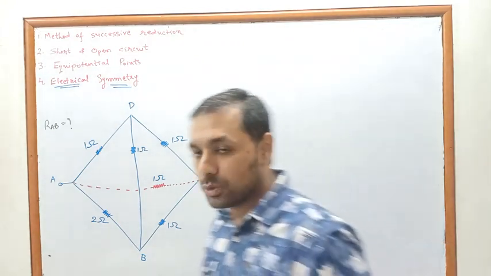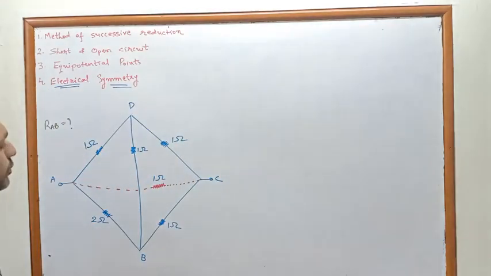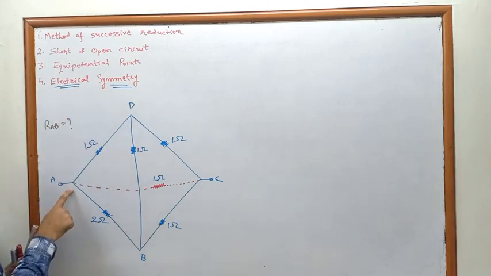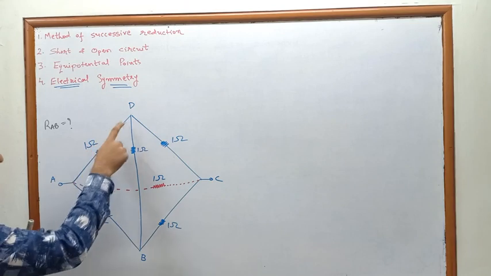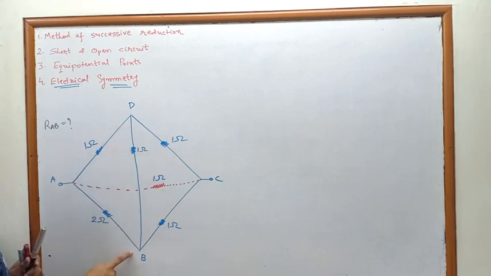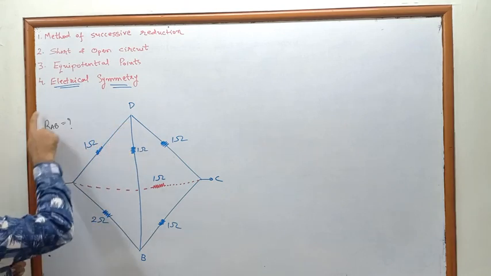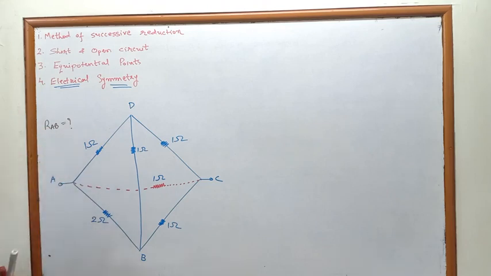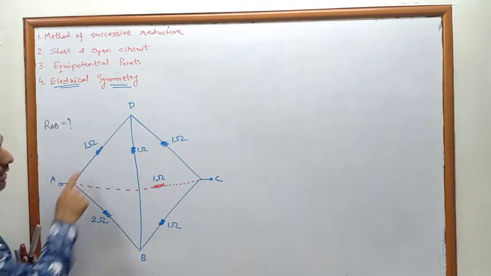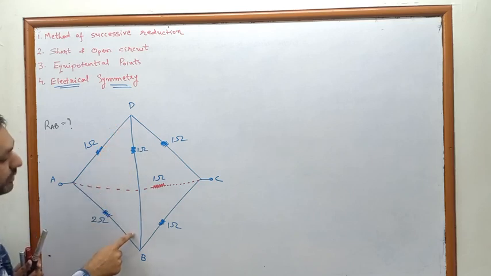Now in such a circuit I can use electrical symmetry. How? Consider points A, D and B, because you have to find the equivalent resistance RAB. Consider this path ADB.